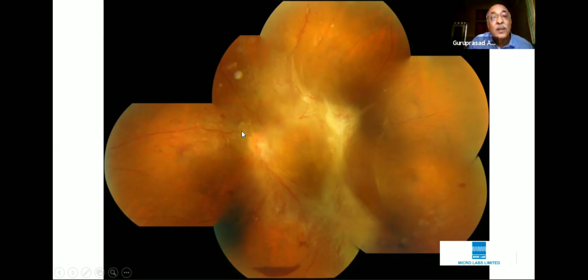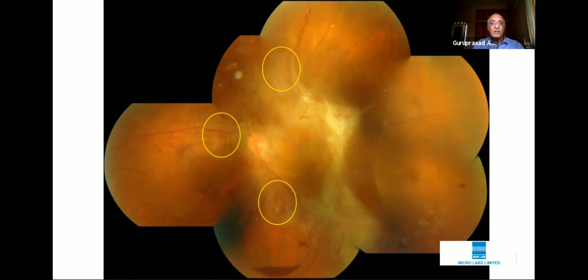Similarly, there are some neovascularizations extending nasally along the horizontal raphe with a large network of arborizing vessels. This extension is up to about 4 to 5 disc diameters towards the periphery. And you can see areas of neovascularization here, and superiorly, suggestive of flat neovascularization in those areas.